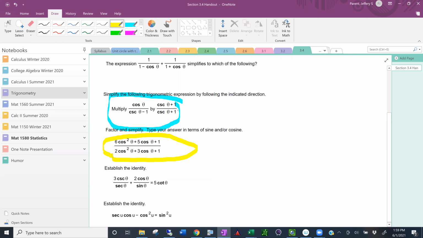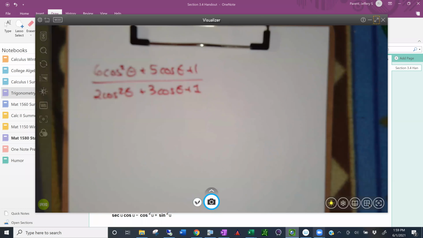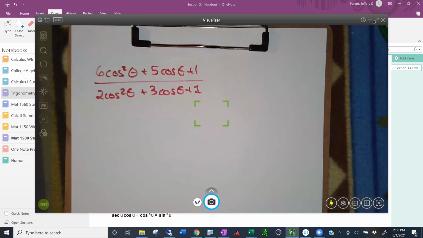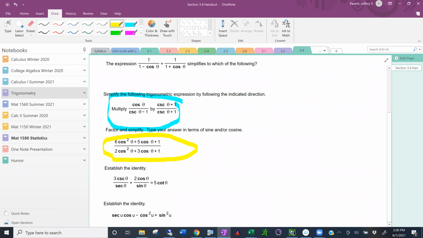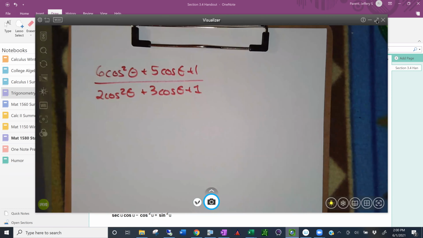So 6 cosine squared of theta plus 5 cosine of theta plus 1 over 2 cosine squared of theta plus 3 cosine of theta plus 1. Let's get you in focus. That looks a little bit better.